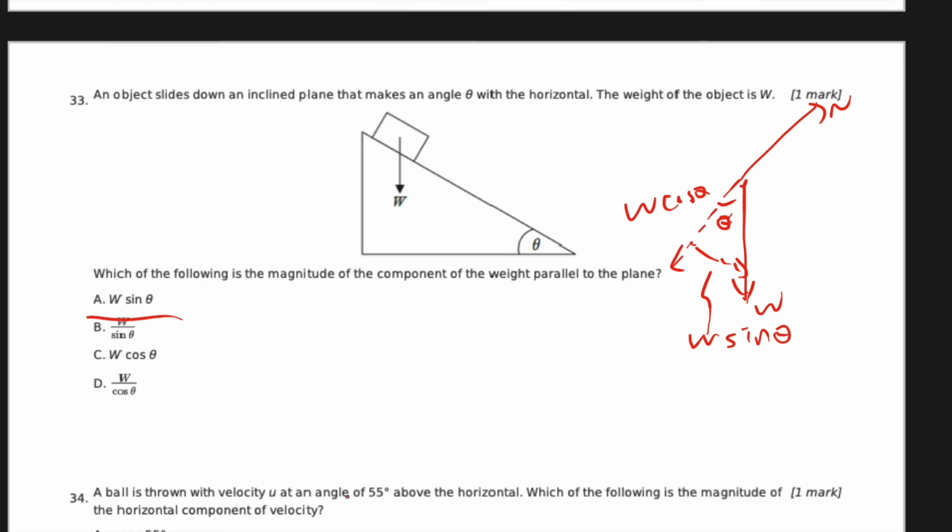So A will be the correct answer, W sine theta. When you have a plane, the parallel force will always be equal to W sine theta. And W is equal to mg.